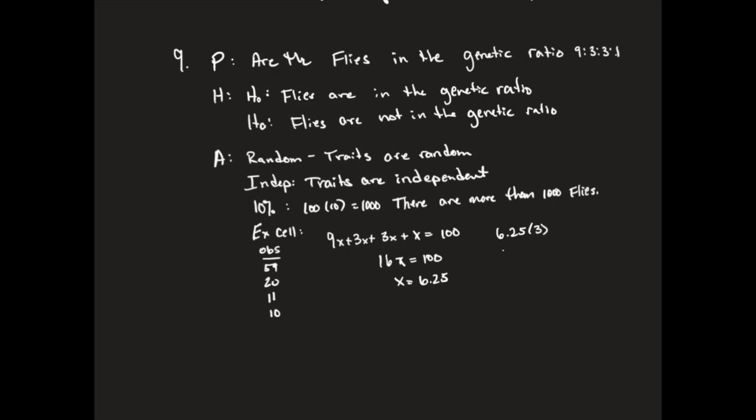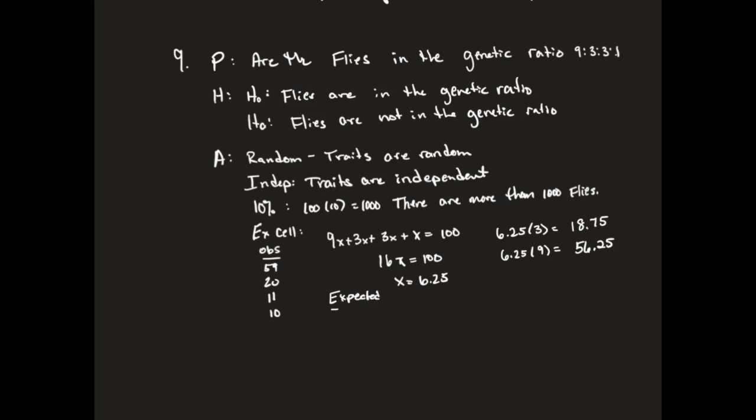Once you've got that, that's going to allow me to write my expected cell counts. So 6.25 times 3 is 18.75 and then 56.25. With all that, I can build my expected cell count. I can go in and just list it out from there.